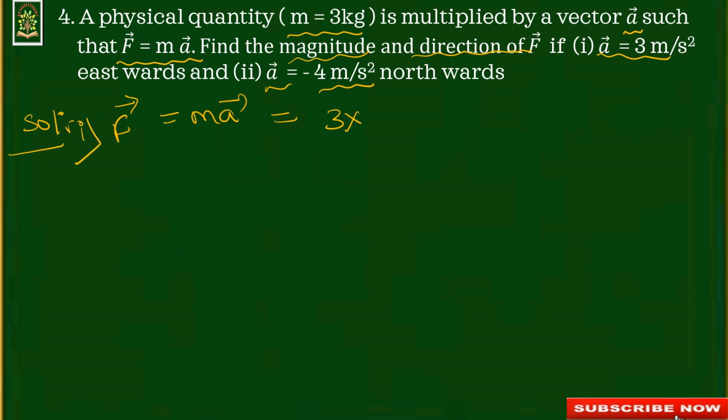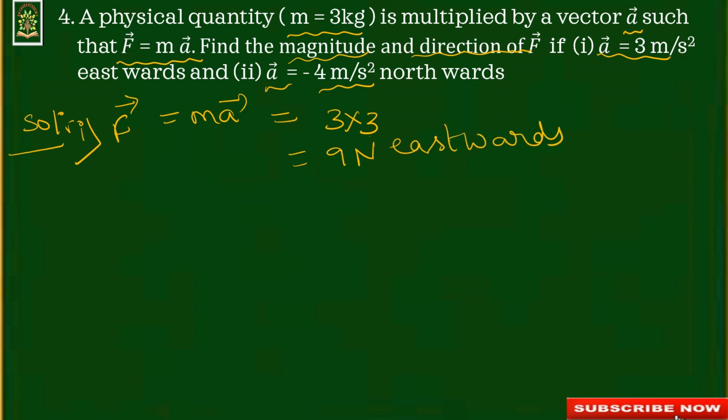Now substituting a is equal to 3 eastwards, 3 into 3 newtons. 3 threes are 9. So F is equal to 9 newtons eastwards.